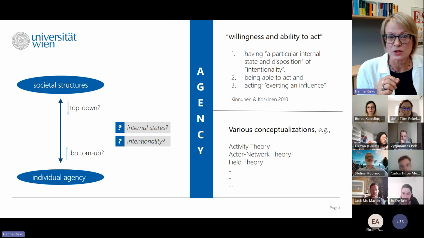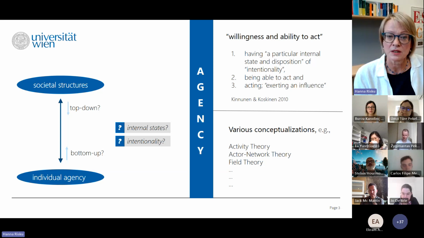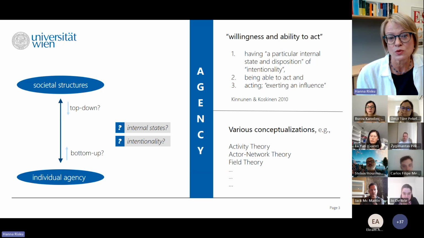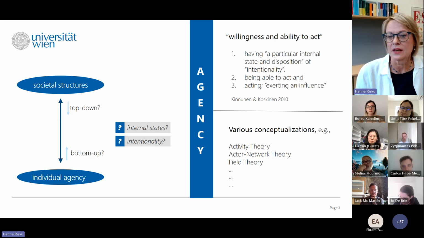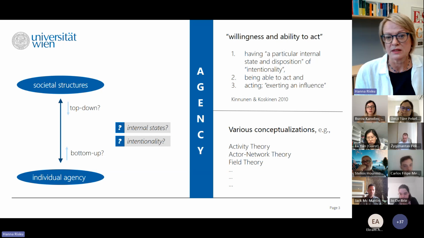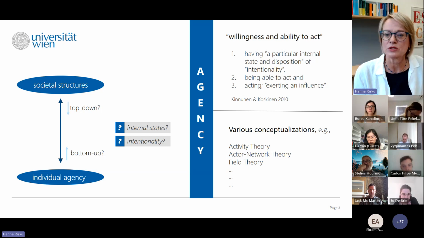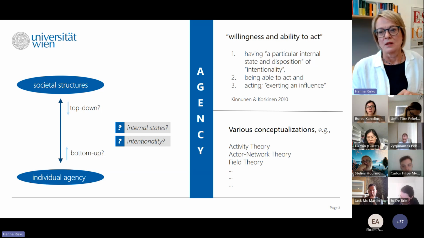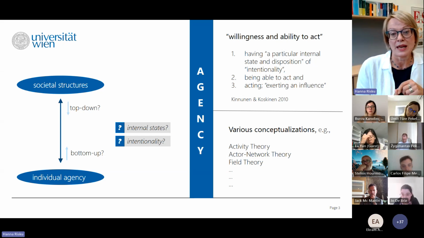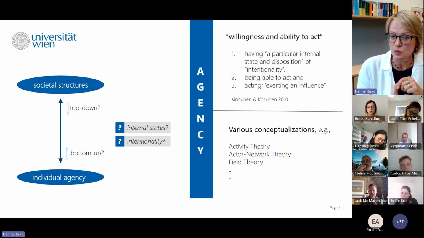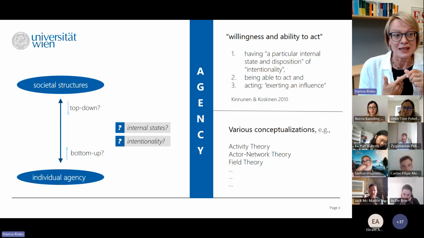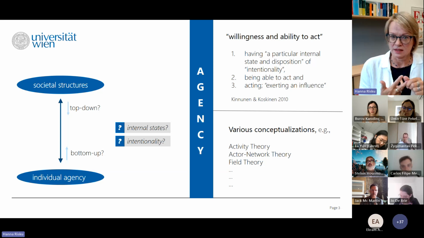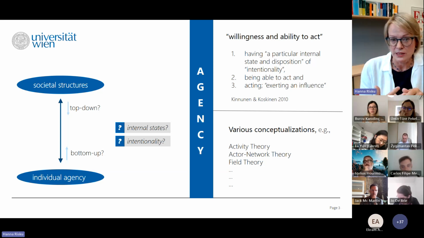In translation studies, one of the dominant definitions that I've seen also quoted quite many times is the one that Tuija Kinnunen and Kaisa Koskinen use in their introduction to the collective volume on translators' agency. And they define agency as the willingness and ability to act. And they point to the fact that agency implies the prerequisites of, first of all, having a particular internal state and disposition, as they write, a disposition of intentionality, then being able to act, and acting in the sense of exerting an influence.